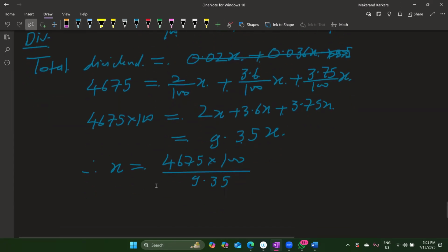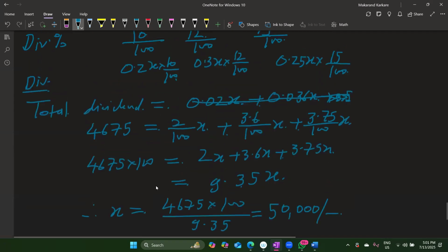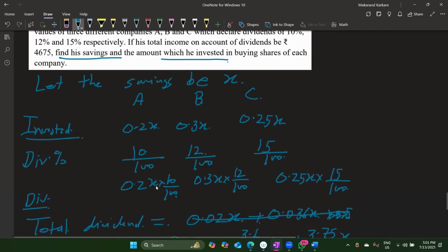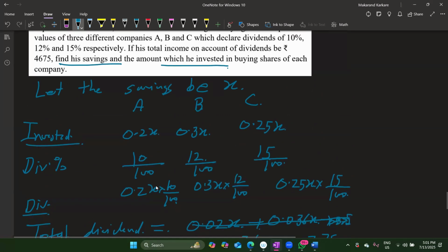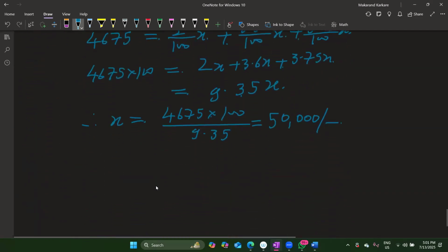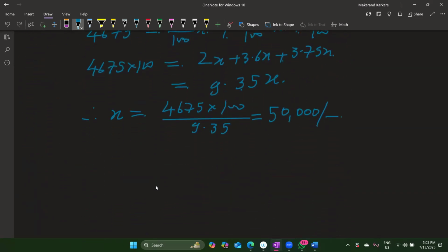Okay. Sai, did you get that? So how much does it come to? Perfect round figure. So that's the first part of the question. We also want to find the amount which he invested buying shares of each company. So for A, it was 20%, right?